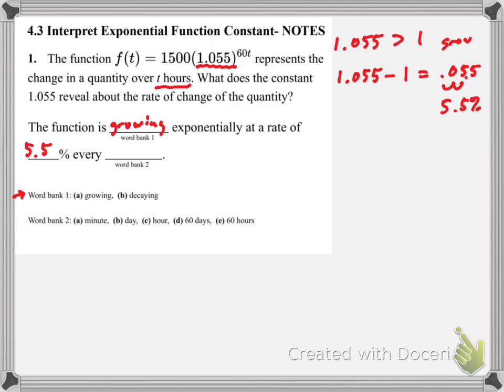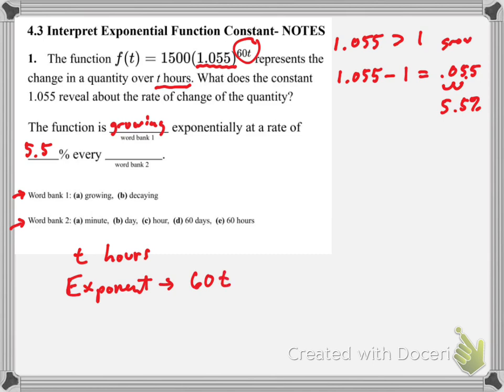Now here's your other word bank right here. Now, here's what you have to do. So we are in t hours. Okay, let's take a look at the exponent. All right, so our exponent is 60t.